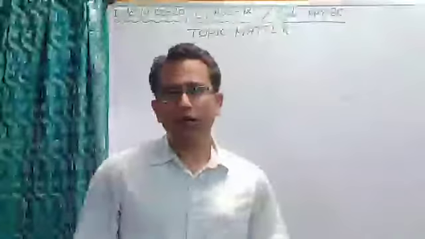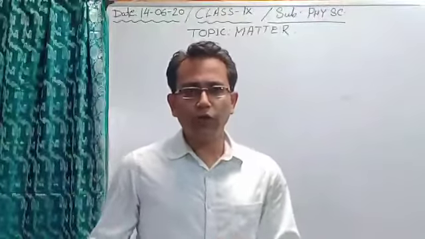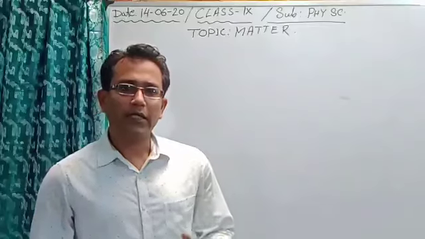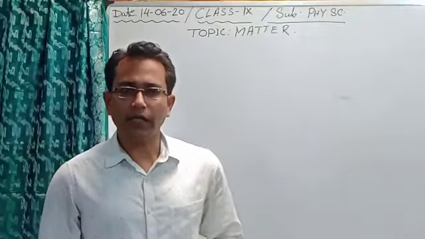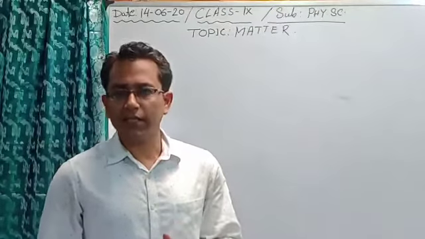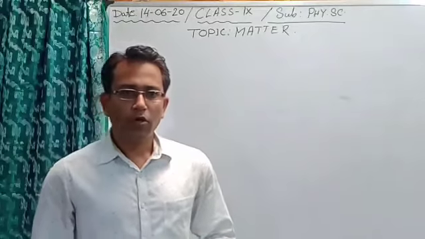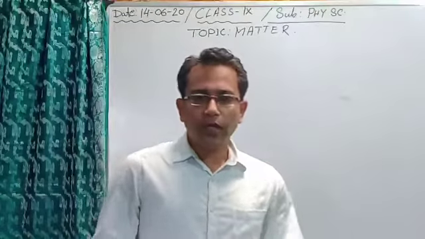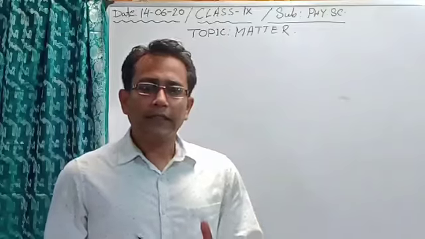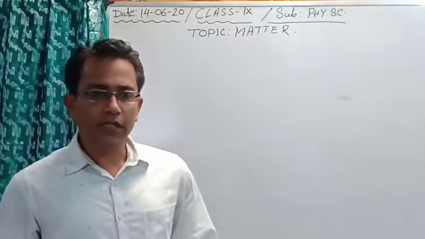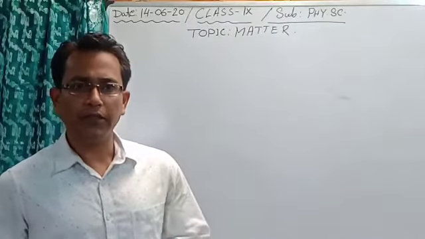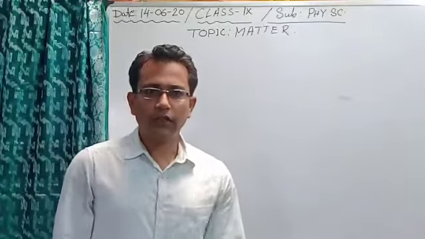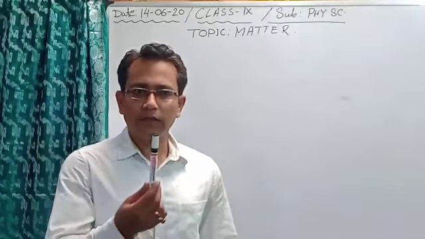Here today I am going to teach you the chapter Matter of Physical Science of class 9. We know there are so many things around us, such as the food we eat, the shirt that we wear, this pen.